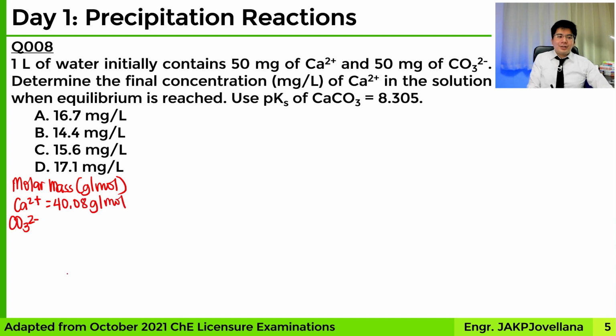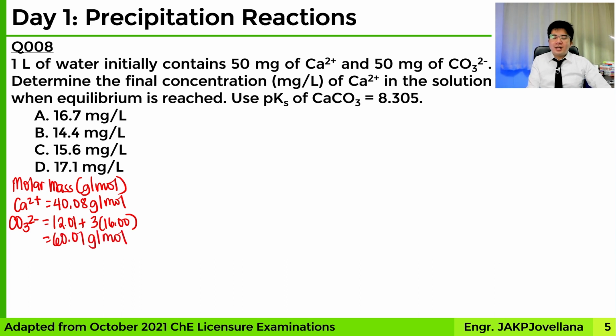For carbonate ion, we have 1 carbon atom, 12.01, plus 3 oxygen atoms, 3 times 16. So 48 plus 12.01, this is 60.01 grams per mole.